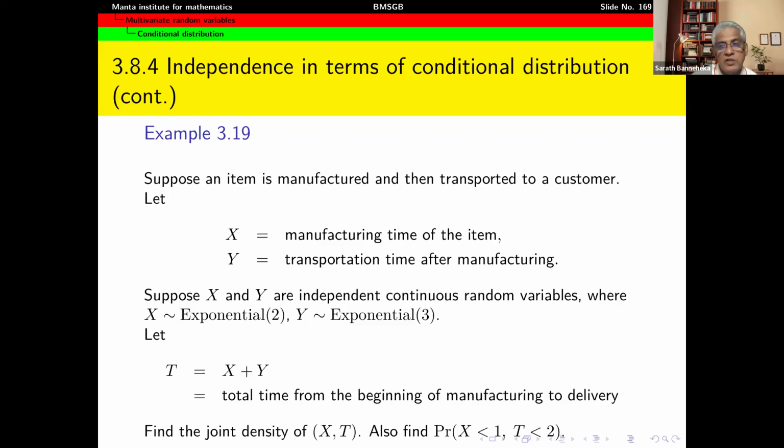Then let's say T is equal to X plus Y. That is the total time from the beginning of manufacturing to the delivery to the customer. Right. So if I apply the previous result, we are interested in finding the joint density function of X and T. And then we will, of course, use that to find a probability also. Let's find the probability that the manufacturing time is less than 1 unit and the total time is less than 2 units.